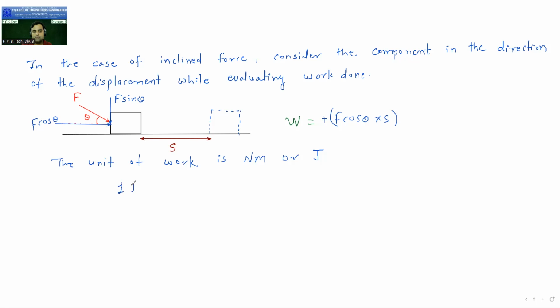So 1 joule is nothing but 1 Newton meter, and 1 kilojoule is equal to 1 kilonewton meter. So this is all about the work.